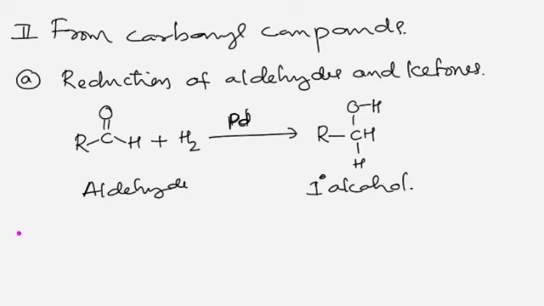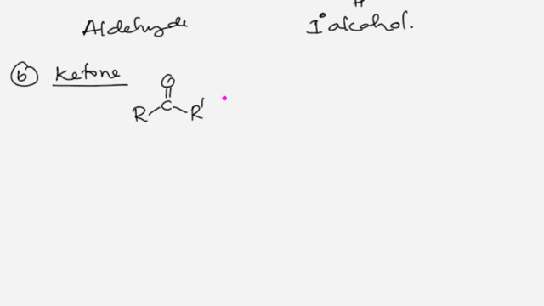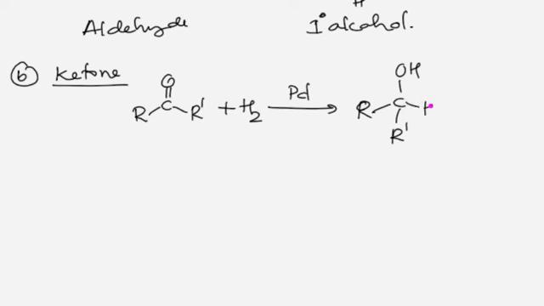The same thing we can observe for the reduction of ketones. For the ketones, we write R, C double bond O, and R dash. You can notice here that R and R dash may be the same or different, whatever it is, but it can be reduced using hydrogen gas in the presence of a metal catalyst like palladium, and we get the product R, COH, with R dash, and here a hydrogen gets attached.